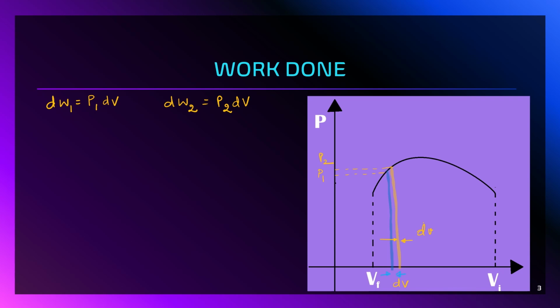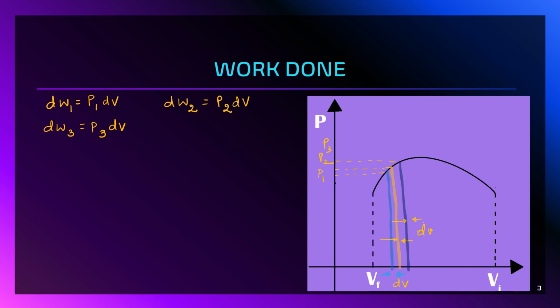Similarly, I'm going for the third strip, with the same width, dV. Obviously the pressure is going to be P3. Now this is going to give me dW3, which is equal to P3 dV.